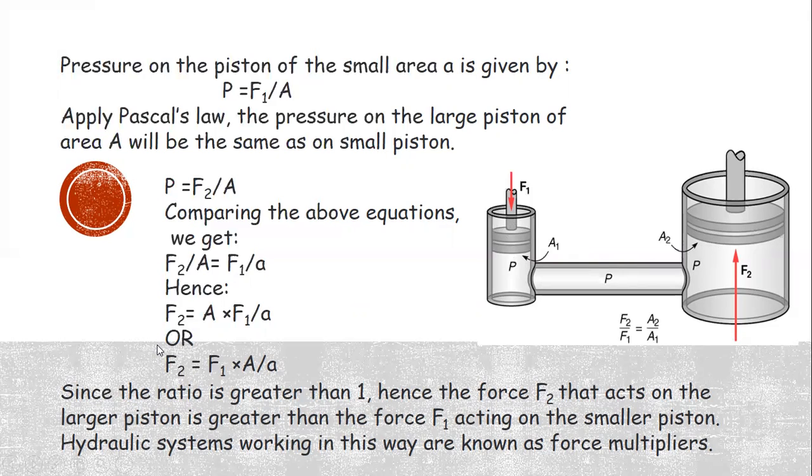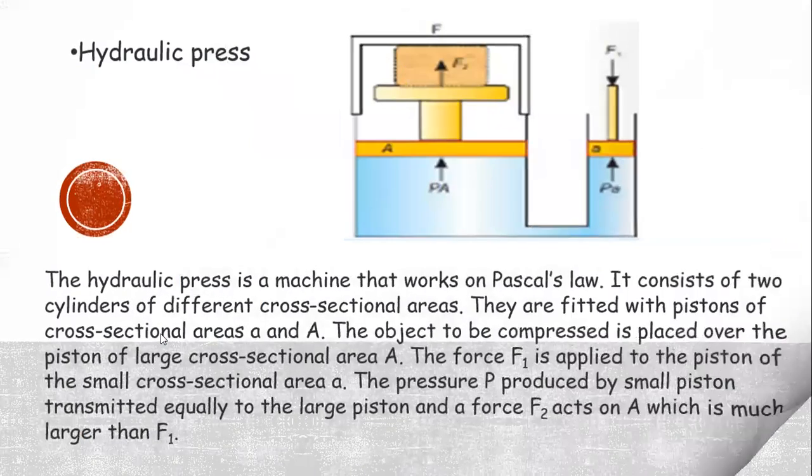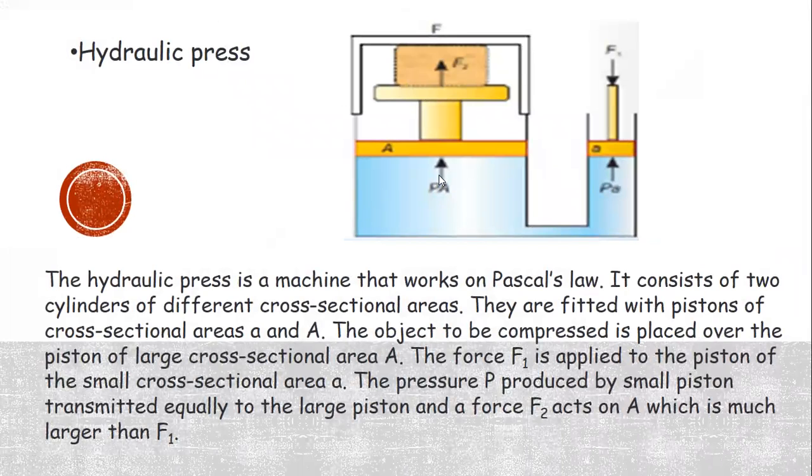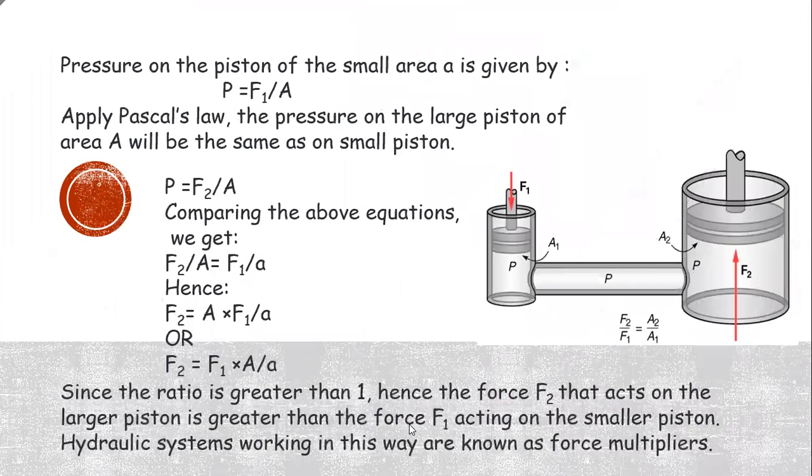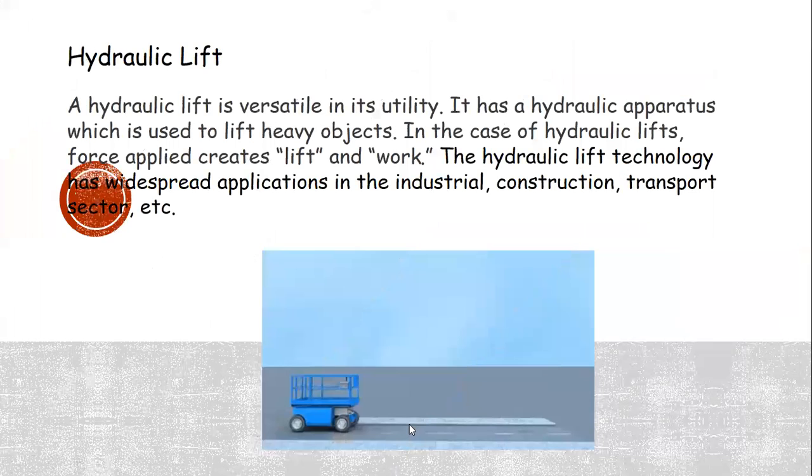This is the working of the hydraulic press. Whenever a force is applied on this piston, the thing that is to be pressed is placed between the roof and this piston, and it is pressed. So this is the working of the hydraulic press.